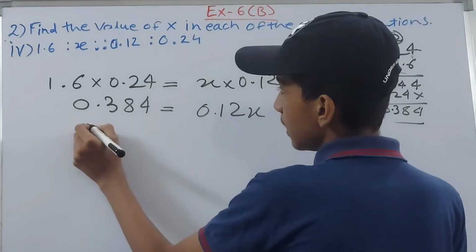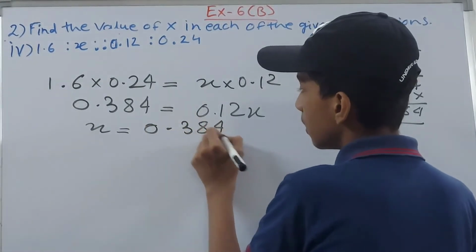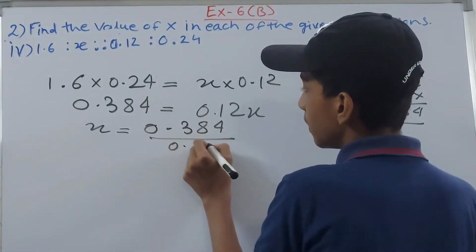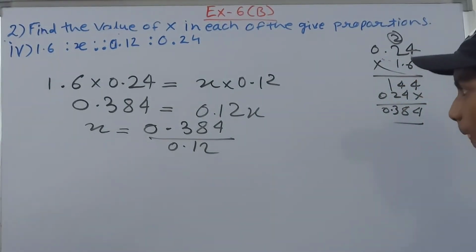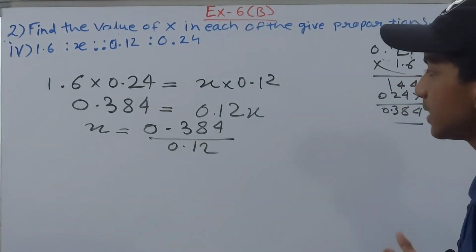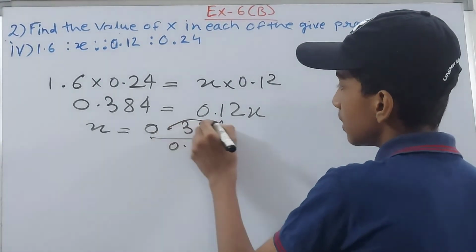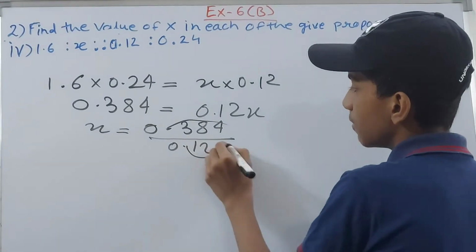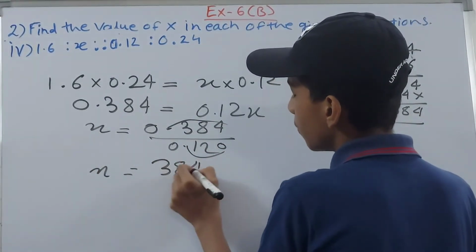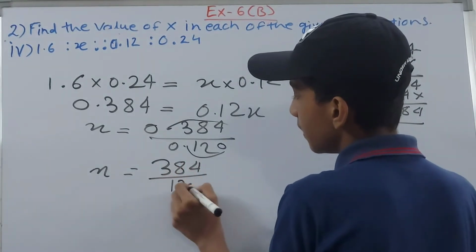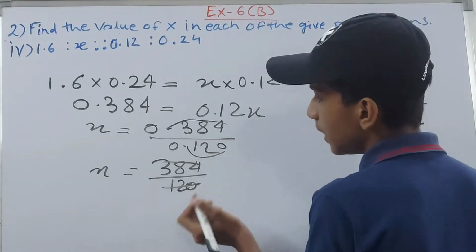So x is equal to 0.384 upon 0.12, or 12, whatever you want to say. This decimal point can be taken here, and this also can be taken here, 120. So x is equal to 384 upon 120 basically. Cancel this by any number you want. I'll take 4.